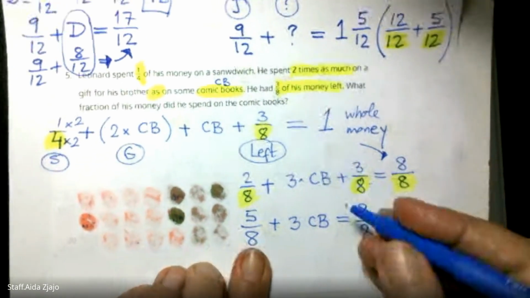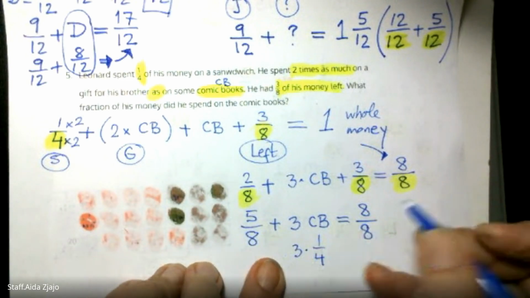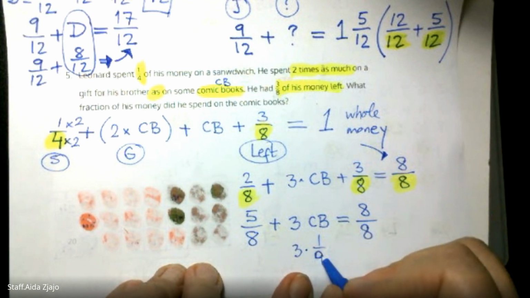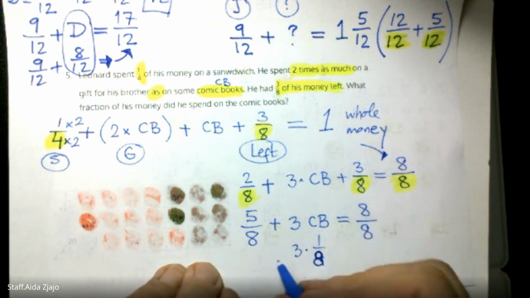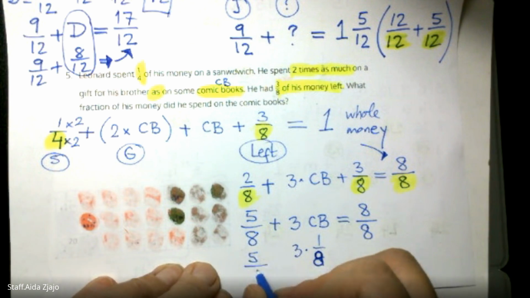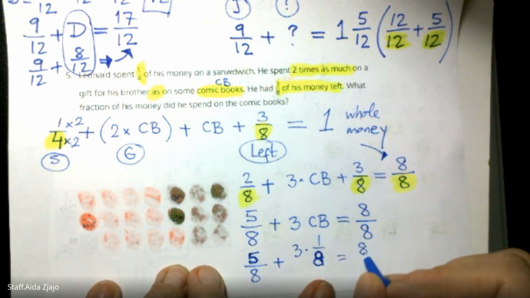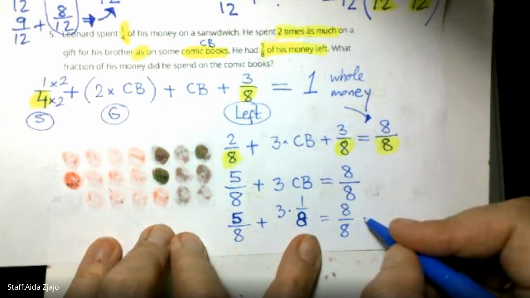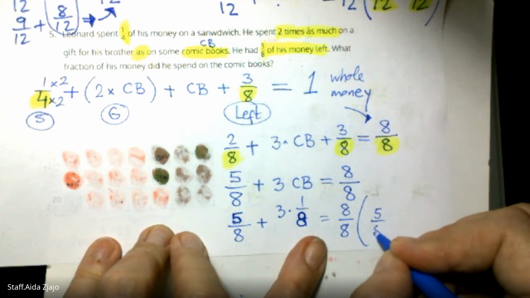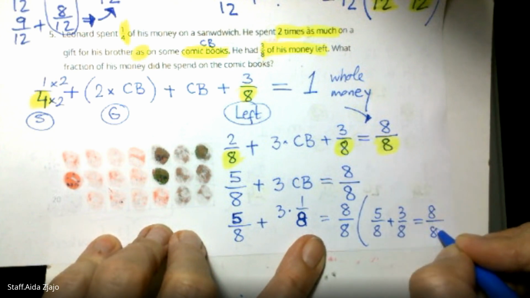And from 4th grade we know that 3 times 1/8 makes 3/8. So we can say 5/8 plus 3 times 1/8 equals 8/8, or you can see this as 5/8 plus 3/8 equals 8/8.